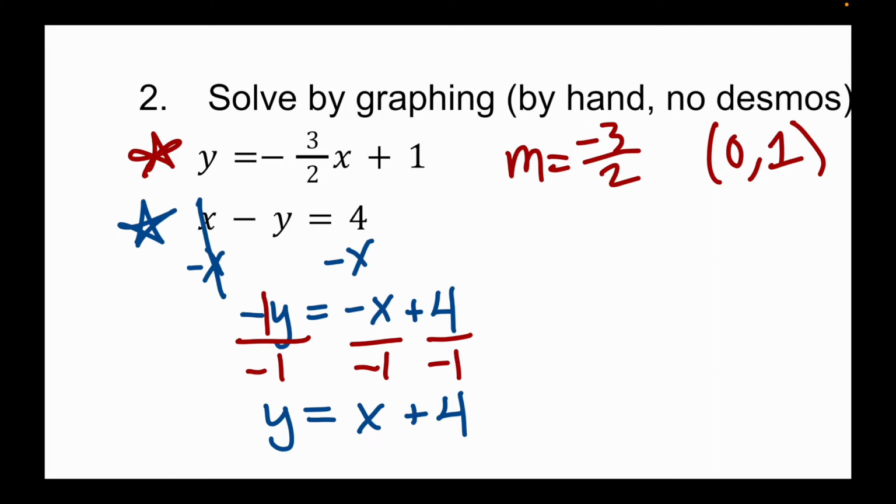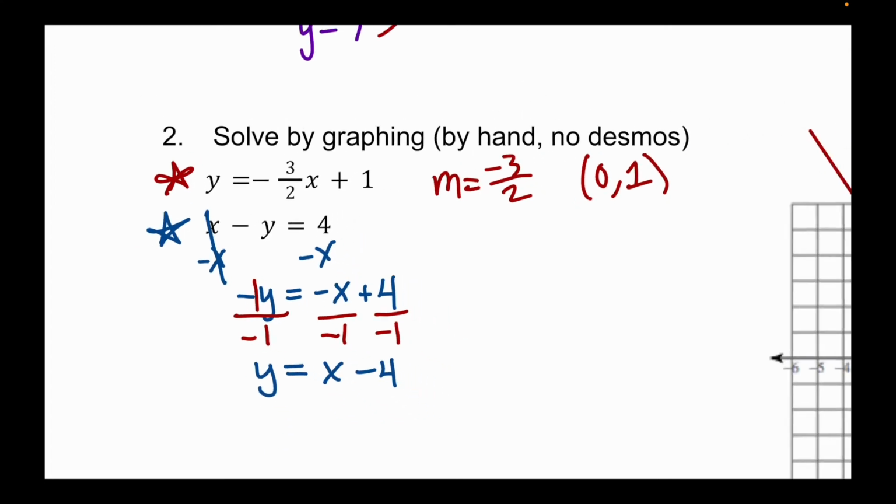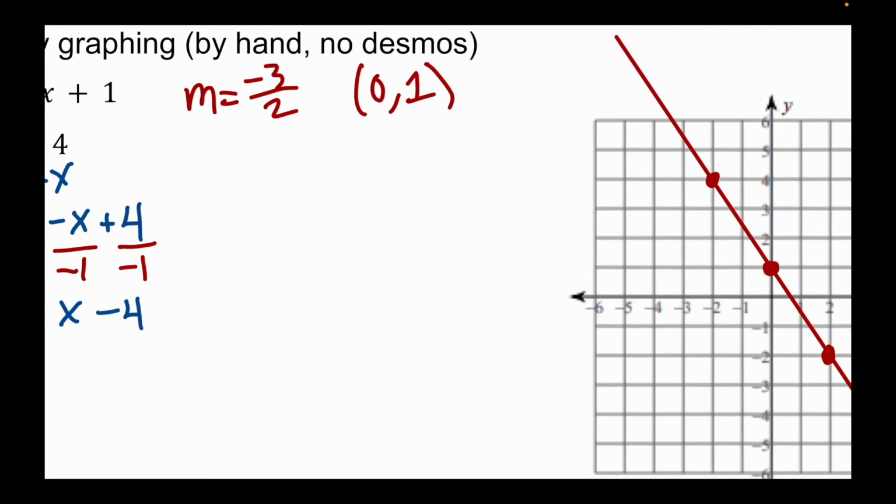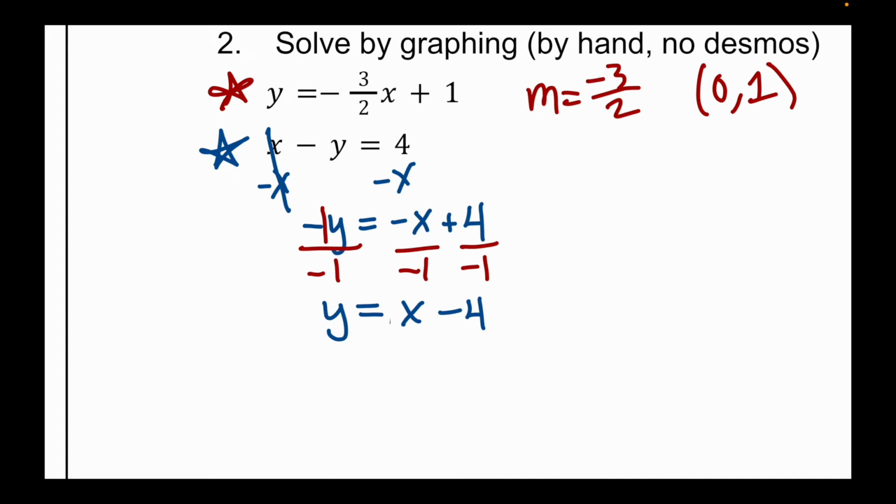Oops, no, I'm sorry, not positive 4. Wow, it just said that was going to make it easier. It's a negative 4, and we did just say that our y-intercept should be negative 4. So now we're going to graph that one, and it has a slope of 1, which means it's going to go up 1 over 1, and we said our intercept is 0, negative 4.